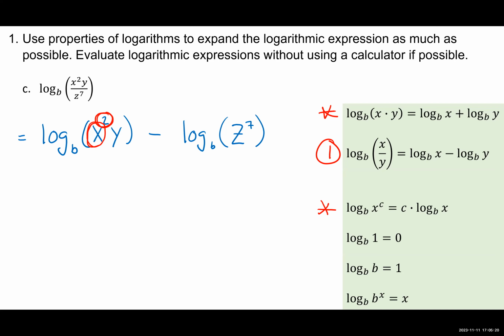All or nothing. It either affects the entire argument or it doesn't apply at all. But the multiplication rule we could apply. So that's the log base b of the first factor, x squared, plus the log base b of the second, which is y.